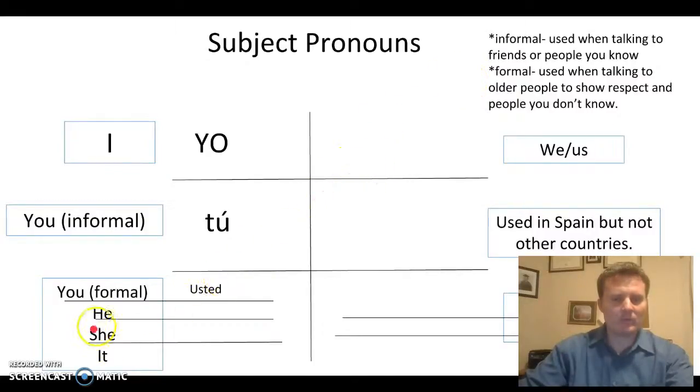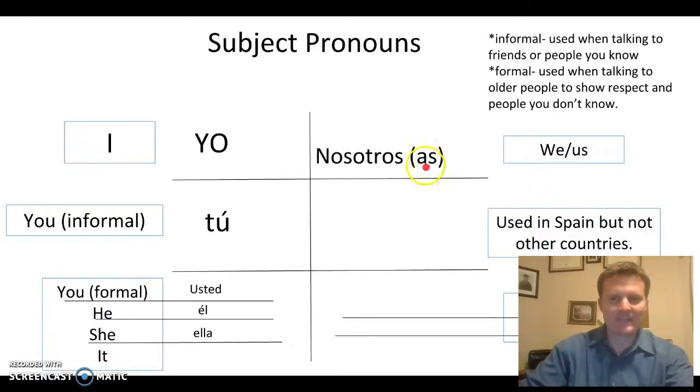Now I want to go ahead and move down to the he. In Spanish, he is él. The she is ella. And notice how there's an it. We will get to that at another time, but just know that it is found in this quadrant. Moving on to this top right quadrant, this is where the we, or the nosotros, is found.